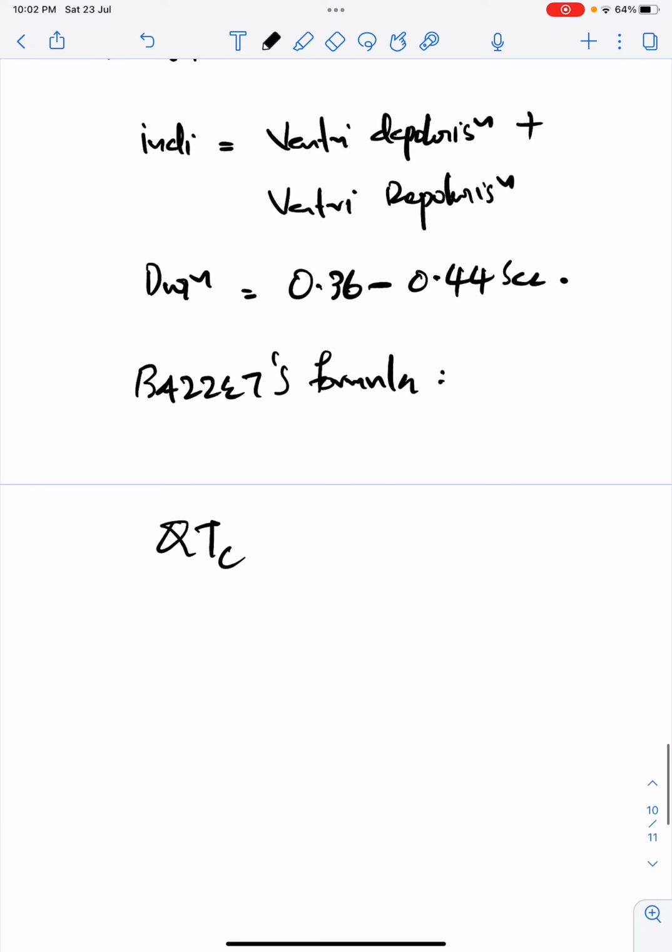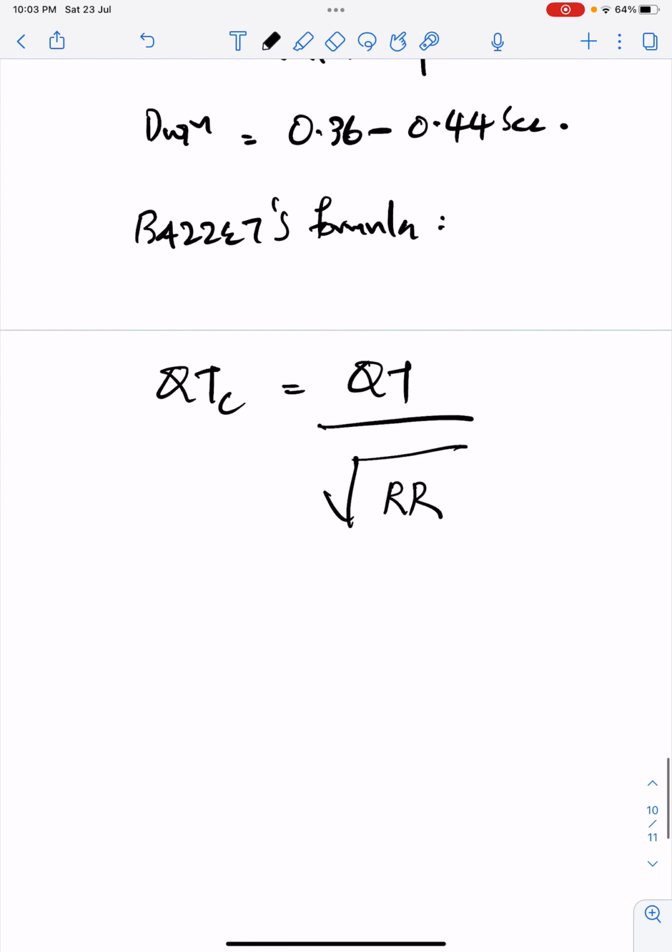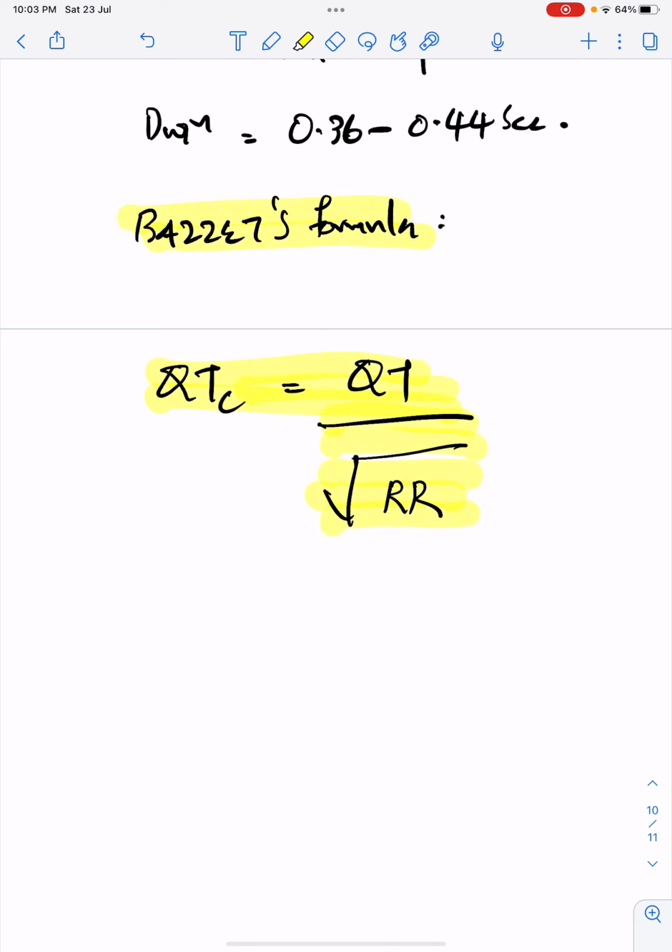The corrected QT interval is equal to QT interval divided by root of RR interval. This is used because the QT interval may vary with the changing heart rate.